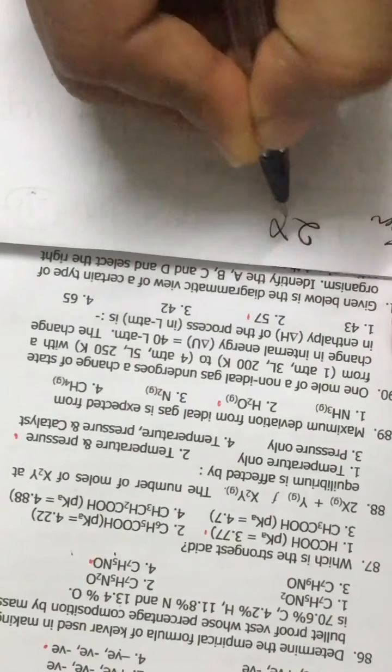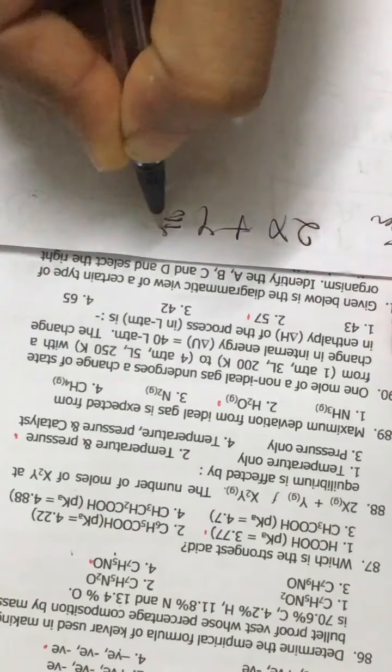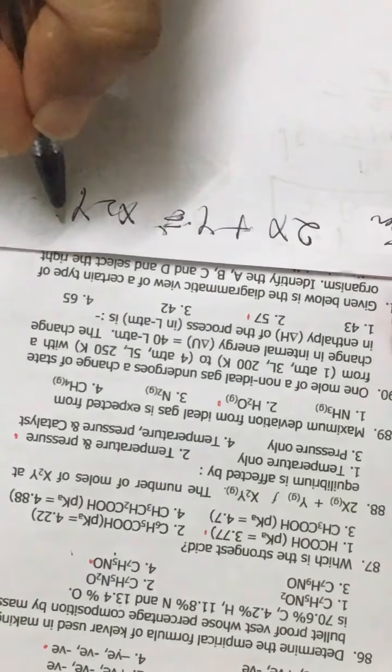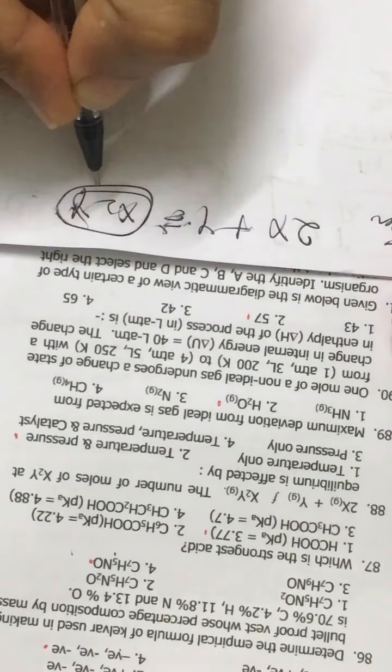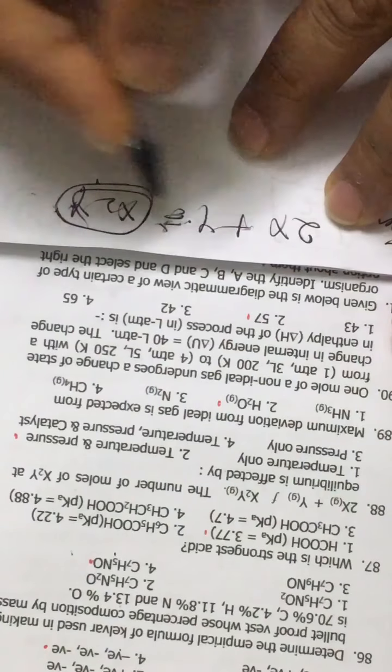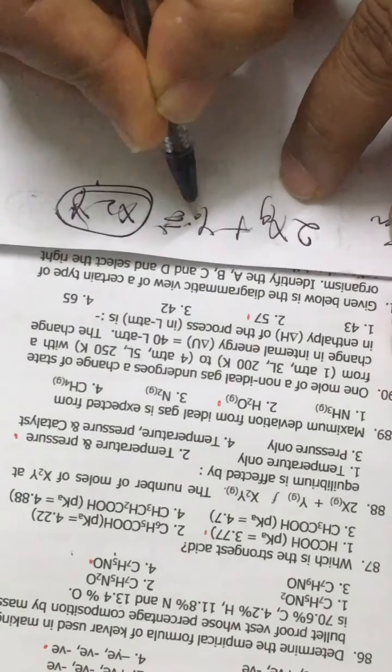We are given a reaction, 2x plus y gives x2y, and now we want to affect this x2y. The number of moles of x2y at equilibrium is affected by pressure: these are gaseous moles, delta N is negative.